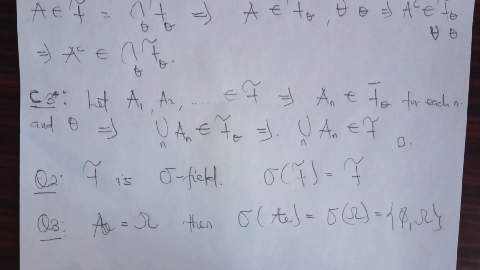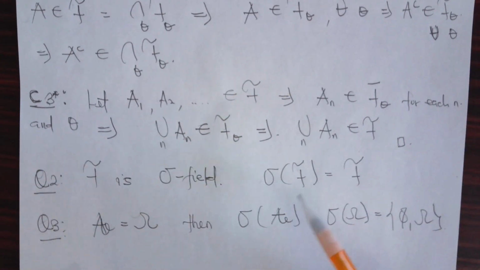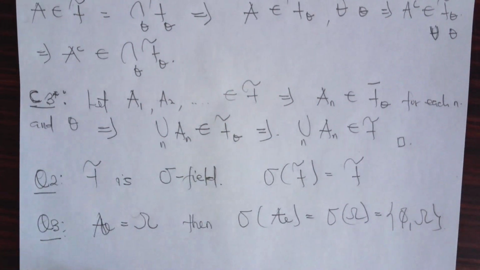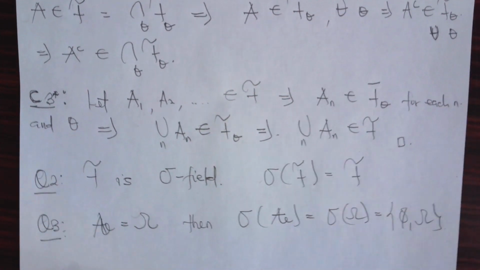Question 2. We wanted to also know that if F is a sigma field, then what is the sigma field generated by F? Note the properties of a sigma field generated by a class: we need the class to be in it.